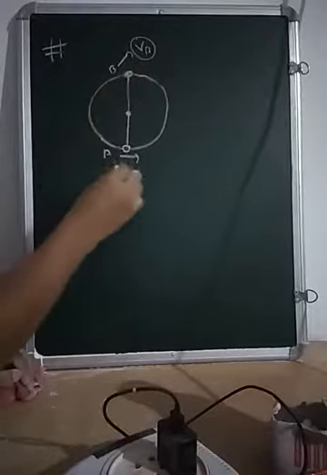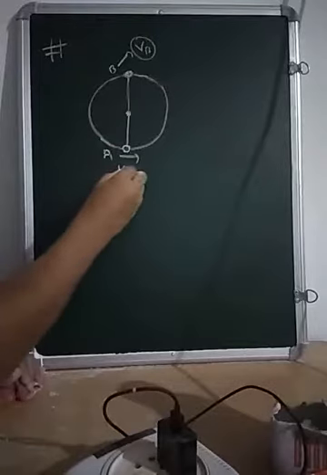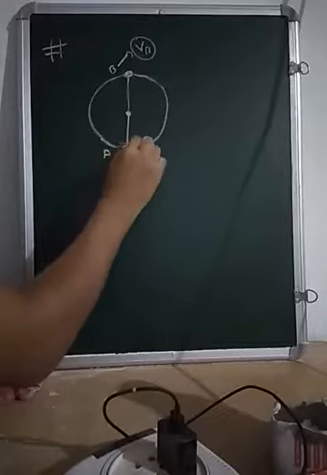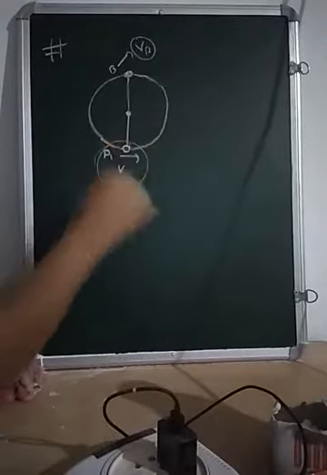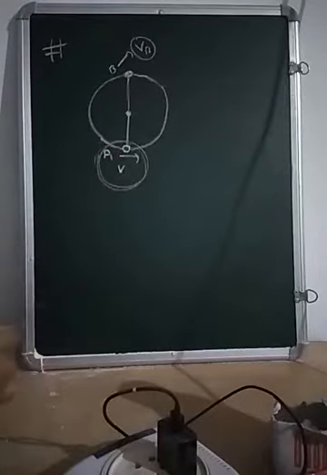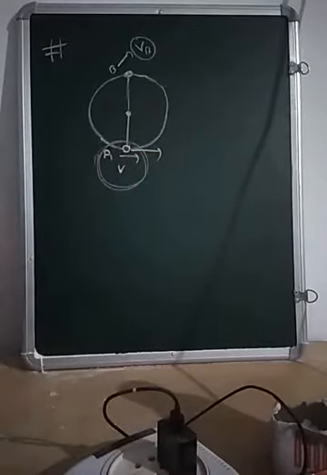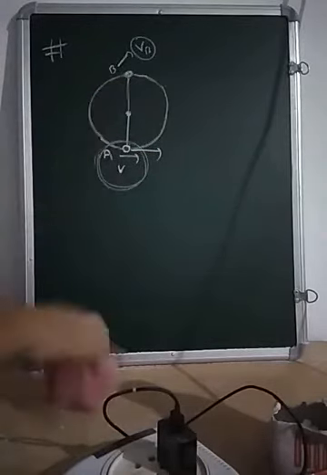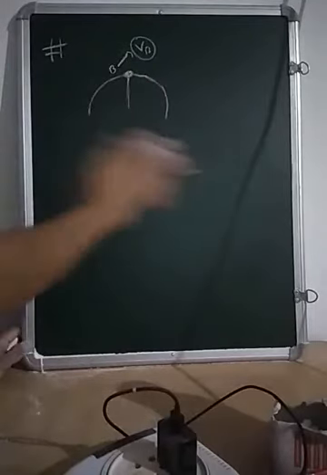Now, I said in that class that I will calculate the velocity at this lowest point, point A, when we discuss the law of conservation of energy. So in the next class, we'll calculate the velocity at point A, at this lowest point of the vertical circular path. So up to now I've discussed. Okay, thank you.